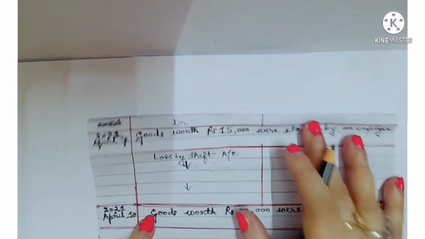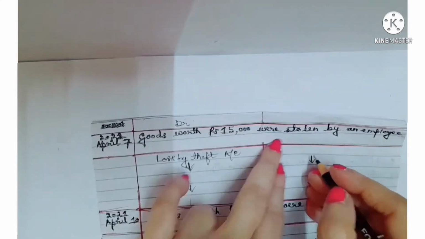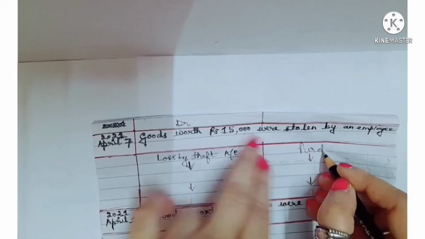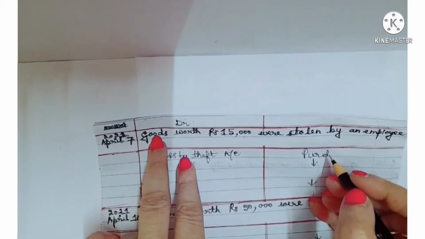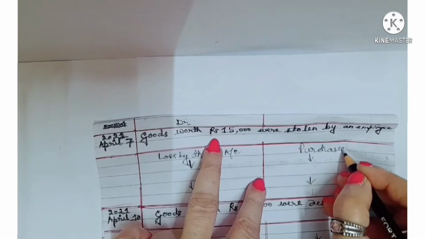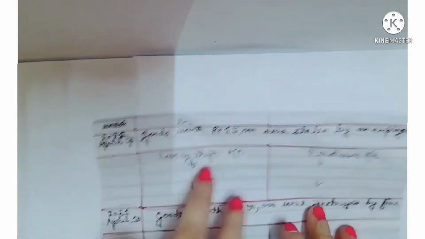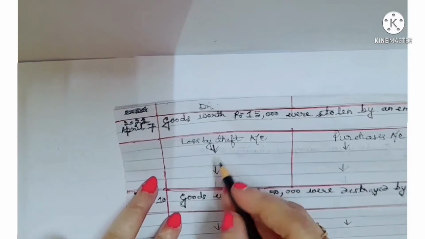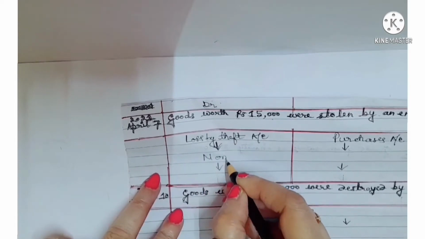And another will be purchases account, not goods account, I've already told you. Loss by theft falls under nominal account.